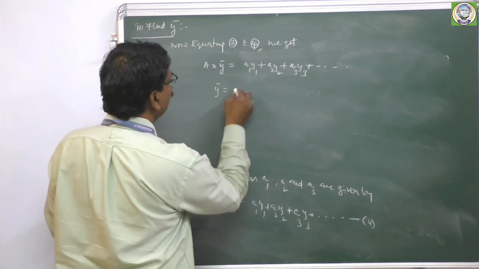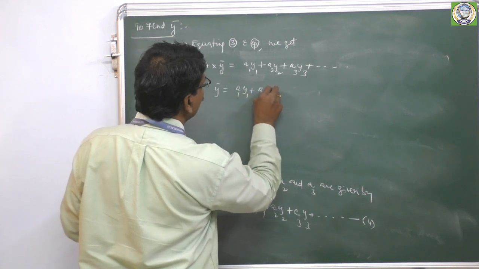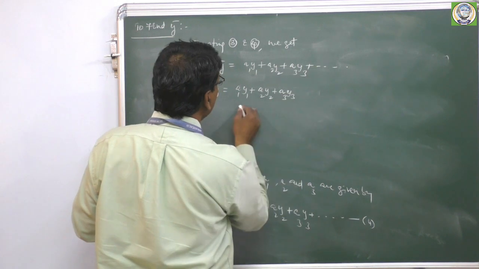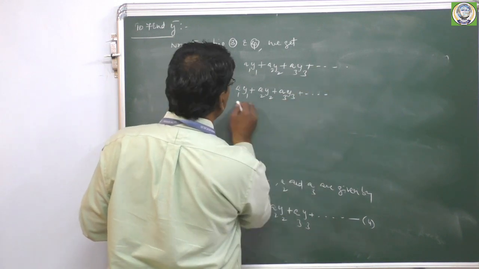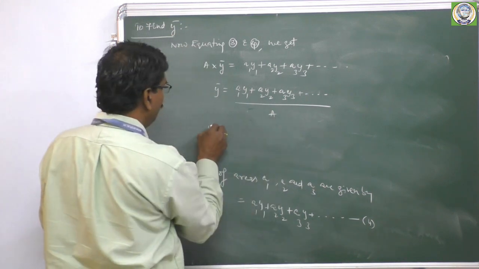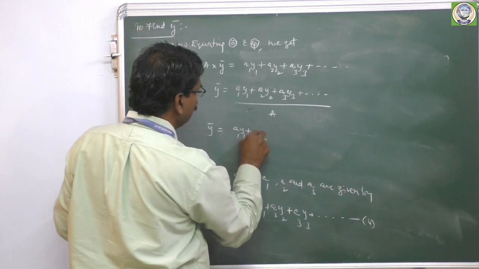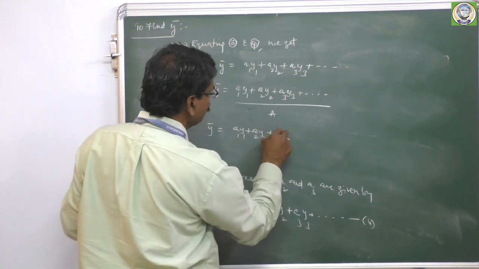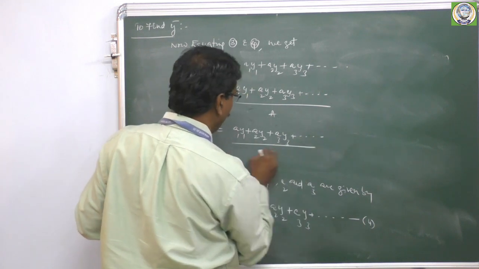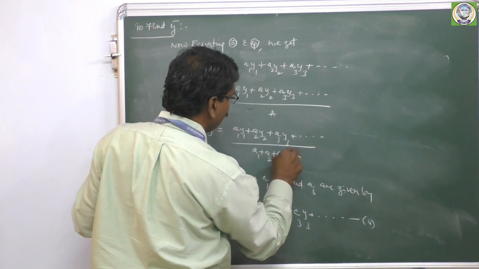Hence, Y bar is equal to A1 Y1 plus A2 Y2 plus A3 Y3 plus so on divided by capital A. That implies Y bar is equal to A1 Y1 plus A2 Y2 plus A3 Y3 plus so on divided by A1 plus A2 plus A3 plus so on.